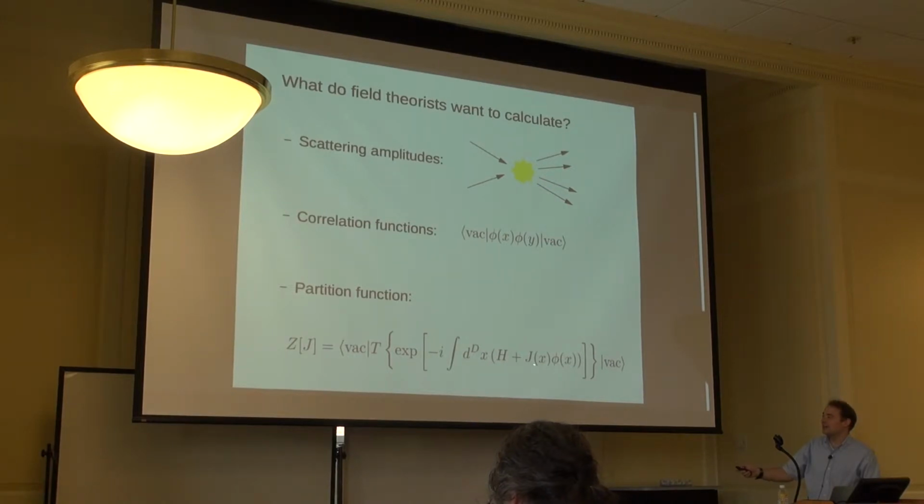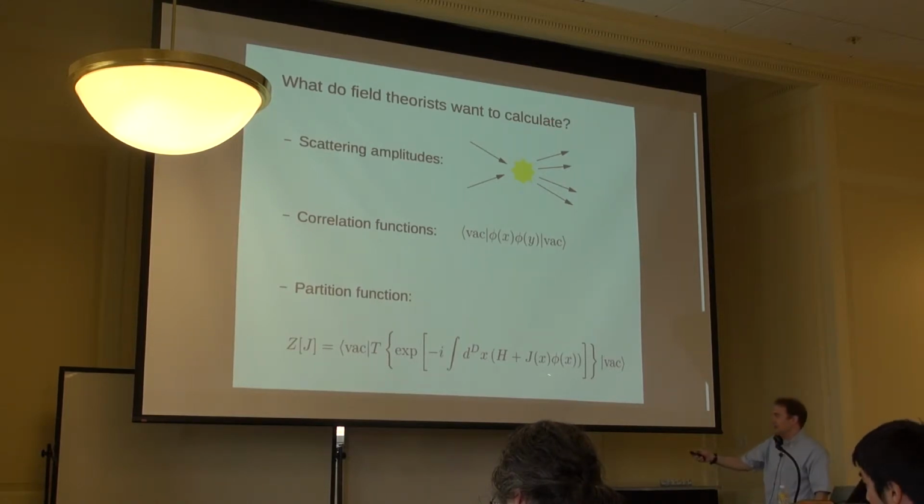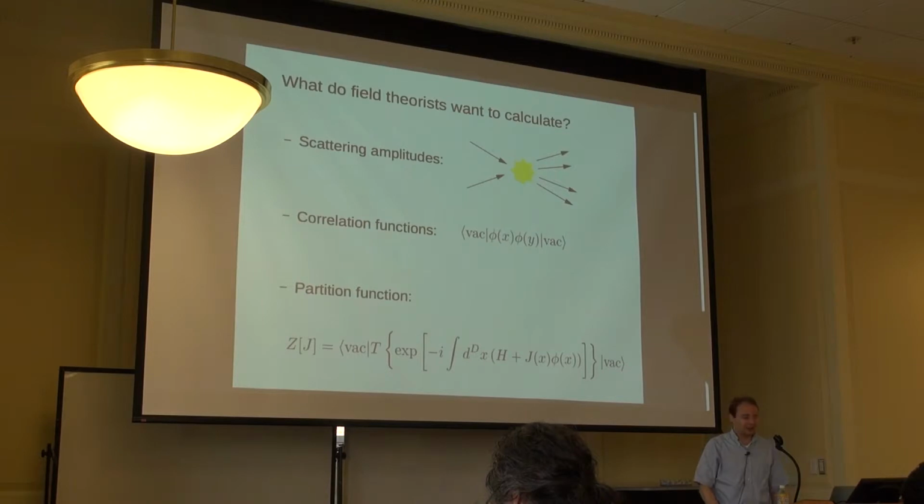This J of x is some quantity that you can have varying throughout space-time, and you add J of x times phi of x into your Hamiltonian, and you ask: given that we've perturbed our system according to this source, and we start in vacuum, what's the amplitude to remain in vacuum at the end? That's the partition function.